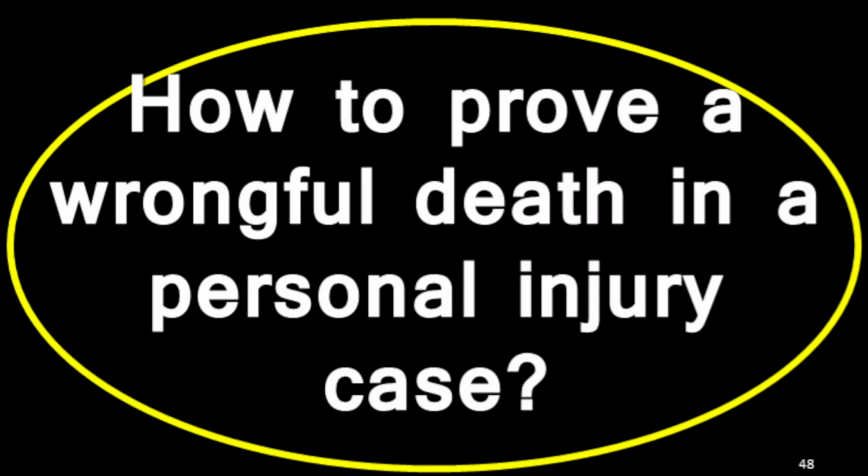Now, the fourth point is prove the causation of death. It's crucial to connect the defendant's actions directly to the death of the victim. This is called causation. If the death was caused by an accident, you must show that the defendant's negligence was the direct cause.